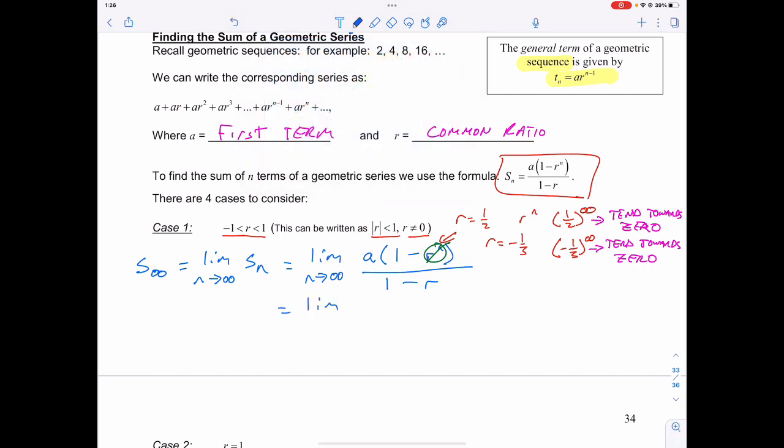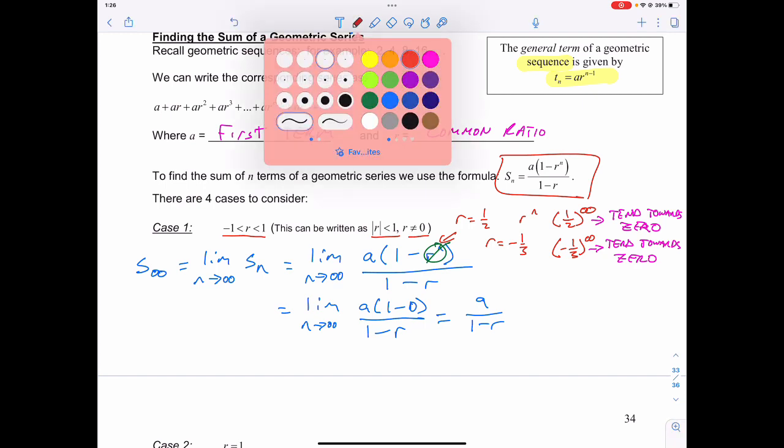So I have the limit as n approaches infinity of a times 1 minus 0 all over 1 minus r, which is just going to give me a over 1 minus r, because a times 1 minus 0 is just a times 1, which is just a.